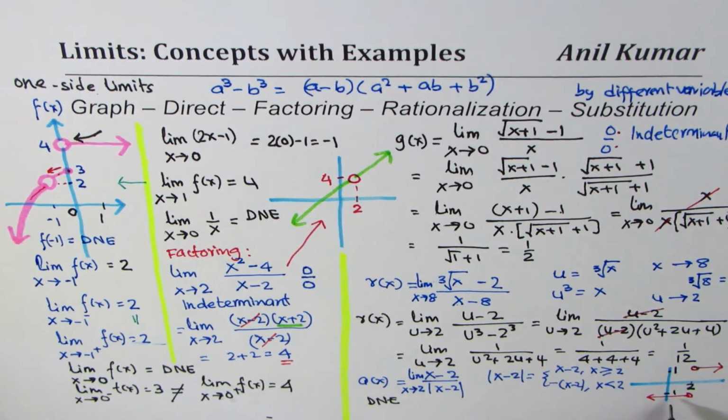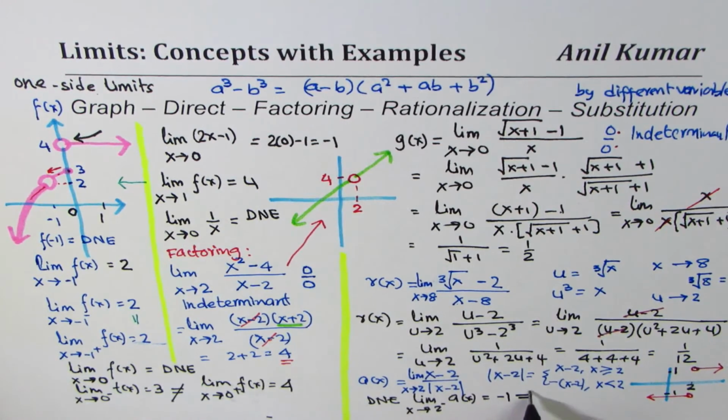Do you see that? So what we have is the limit from the left. The limit as x approaches 2 from the left side for the function a of x is minus 1, which is not equal to the limit as x approaches 2 from the right side of the function a of x, which actually is plus 1.